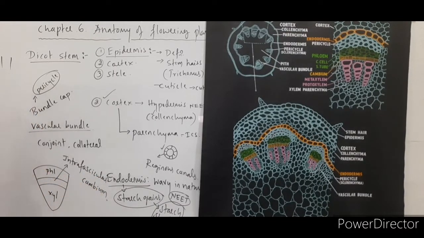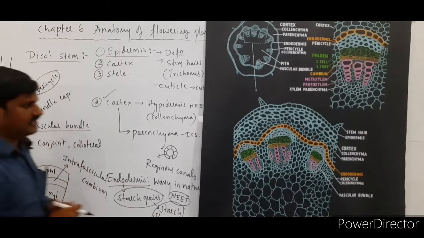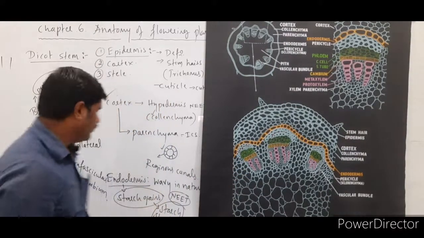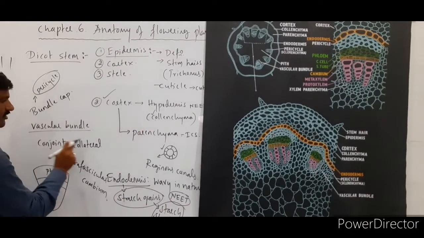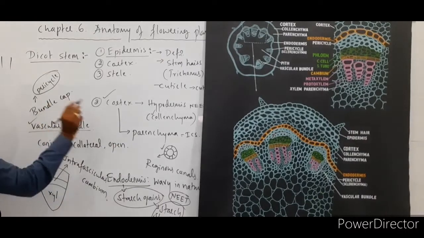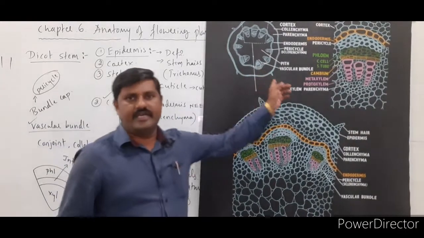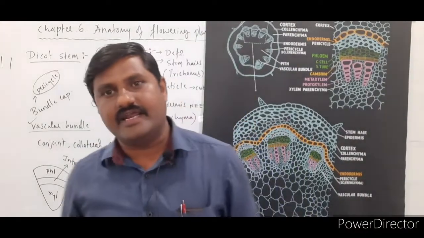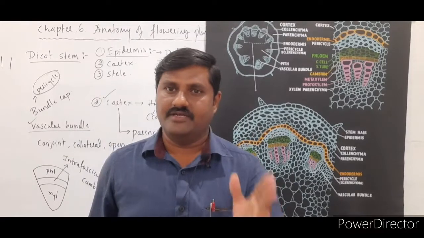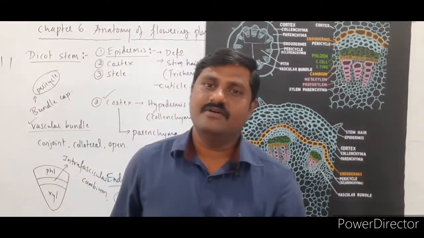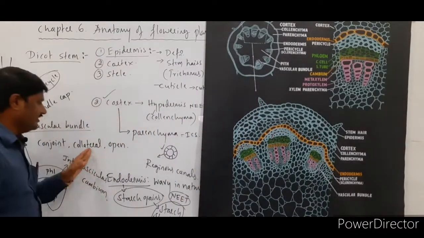Since this cambium is present between xylem as well as phloem, this kind of vascular bundle is called open. Conjoint, collateral, open type of vascular bundles are seen in dicot stem. Remember, the type of vascular bundles in dicot stem are conjoint, collateral, open type, right?